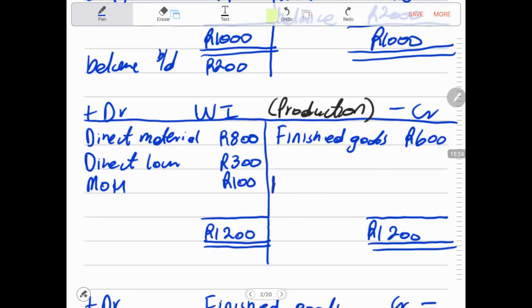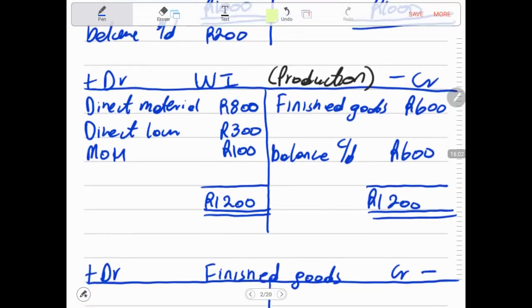So now therefore now we end up with the balance of the work in process, and this becomes balance carried down, and the balance carried down will be 600, and the balance carried down becomes balance brought down of 600. Then we bring this balance here, balance brought down of 600. So now we have the total of the work in process, or the value of the work in process during the period, which was 1,200, and only 600 was finished.